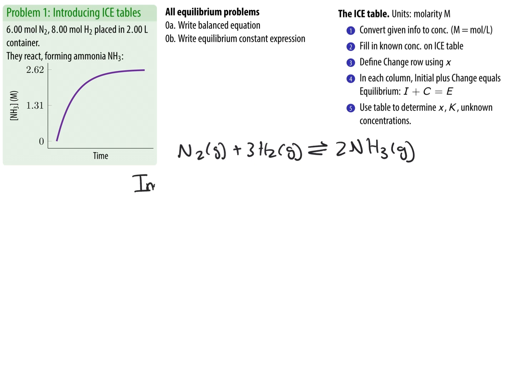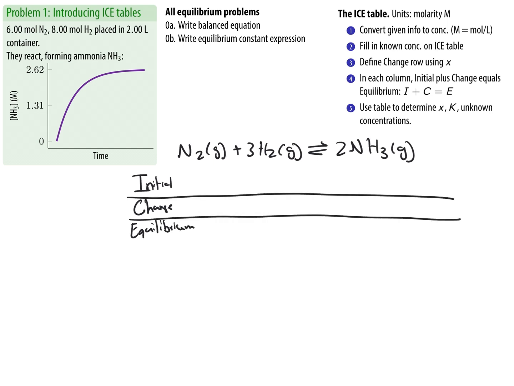An I row, which stands for initial, a C row, which stands for change, and an E row, which stands for equilibrium. Generally, we just abbreviate those ICE, and these are each rows in our table, and then each entry in our table is for each of the different substances.